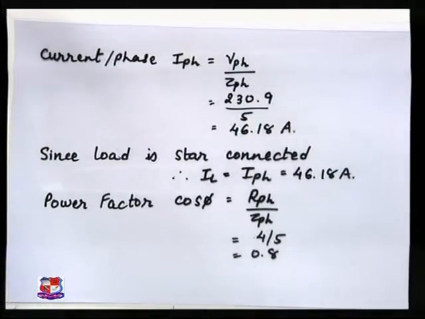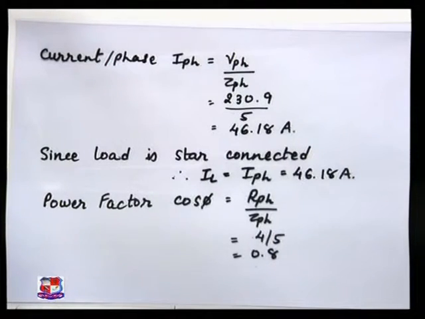Now you have to find the phase current for this star connected load. Phase voltage is already known. The current per phase, I phase, is equal to V phase divided by Z phase.